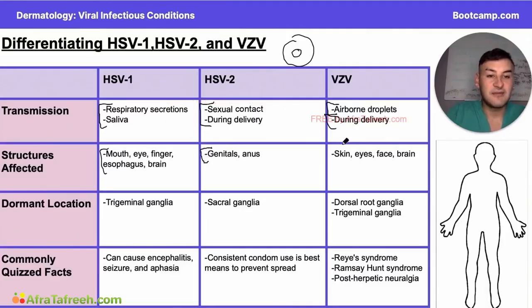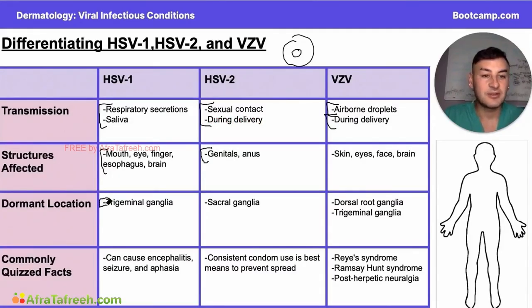All right, VZV, we talked about diffuse rash of the skin or a dermatomal rash of the skin, depending if it's chickenpox or shingles. It can also affect the eyes, the face, and the brain. We talked about those specific dermatomal distributions a couple slides back. So, dormant locations. HSV1 is going to be trigeminal ganglia, okay?